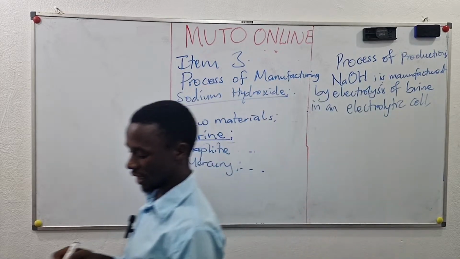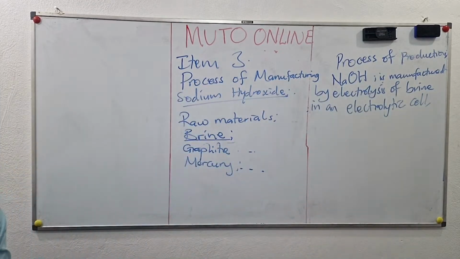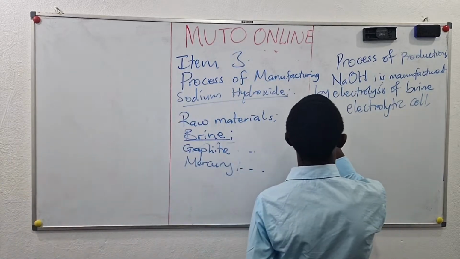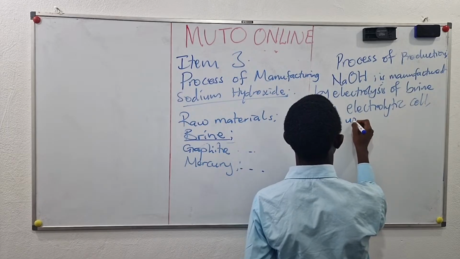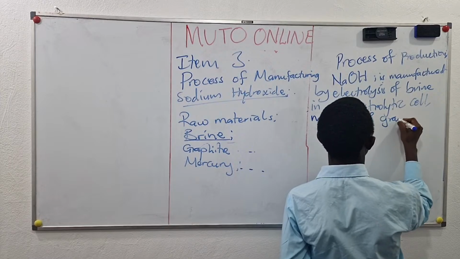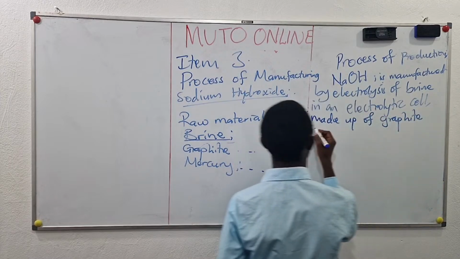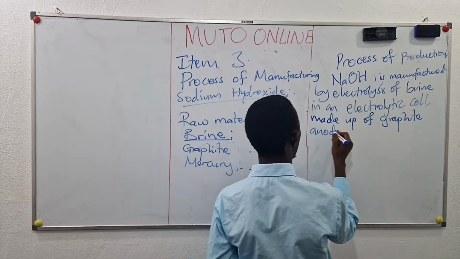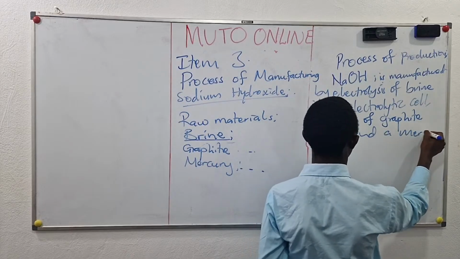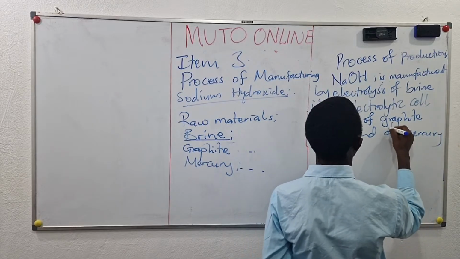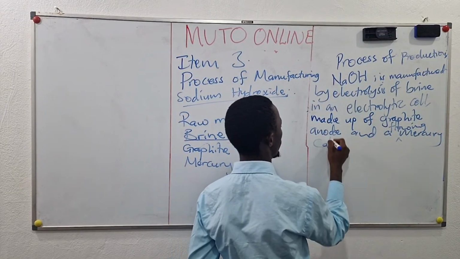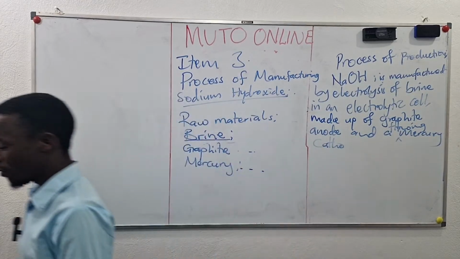In an electrolytic cell, and this electrolytic cell is made up of a graphite anode and a flowing mercury cathode. The cathode is made up of flowing mercury.